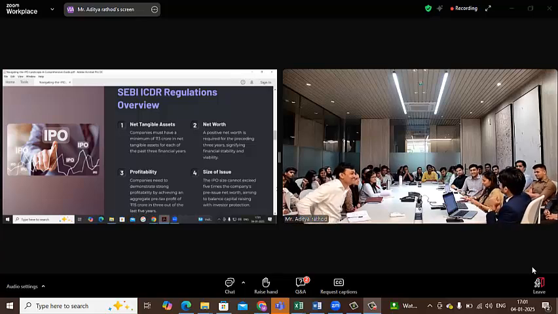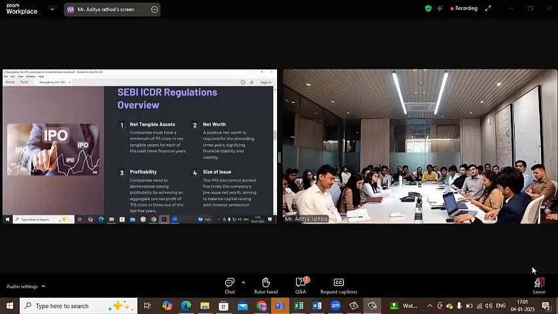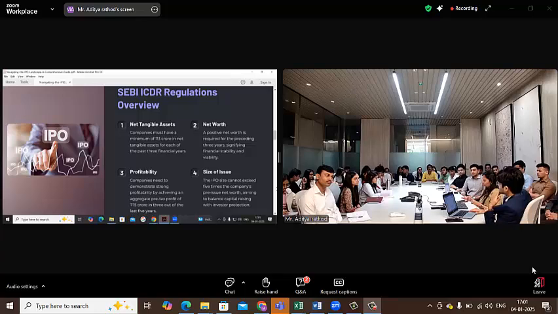So the SEBI ICDR regulation says the ones who have been debarred from entering into capital markets are not eligible. They have used fancy words like debarred, but debarred basically means SEBI saying you don't come inside. They have listed some designations, for example directors, promoters or promoter group.